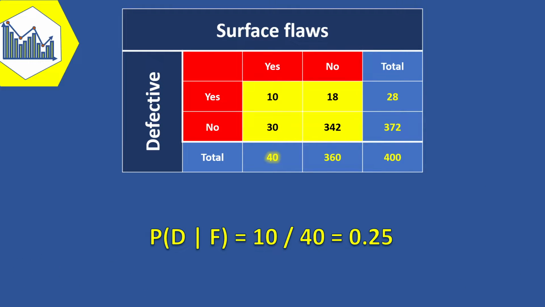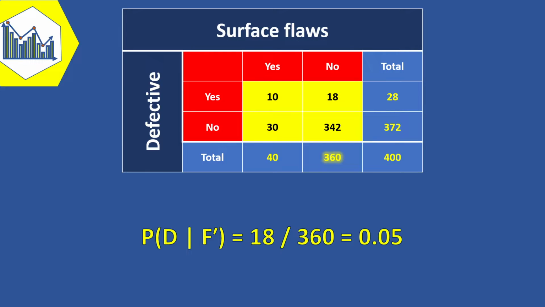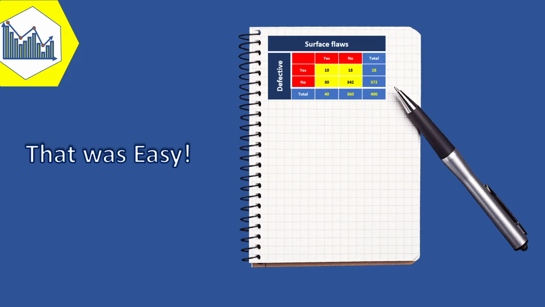And of the parts without surface flaws, I mean these 360 parts, the number of defective ones is 18. Therefore, the probability of D given F prime is 18 over 360, that equals 0.05.